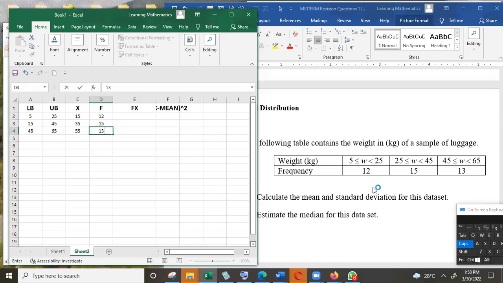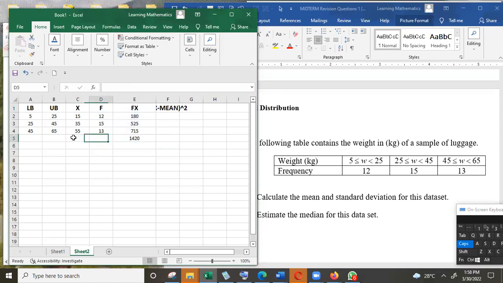These are our f's, look them there, 12, 15, and 13. So now we can get our fx is equal to f, which is in D2, times x, which is in C2. Enter. All right, and then we can go back, double click, and here our fx is, and now we can find the sum of the fx. We go to auto sum, and then bam, this is the sum of the fx.